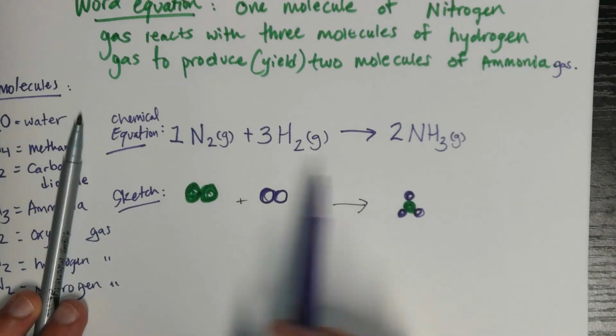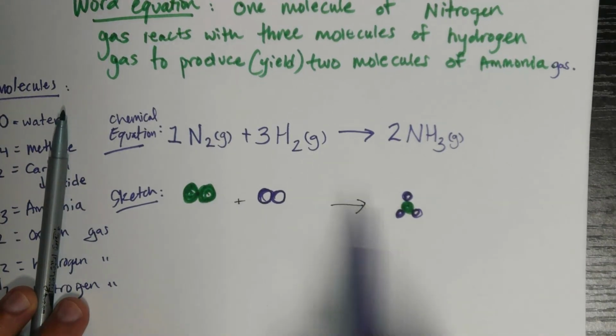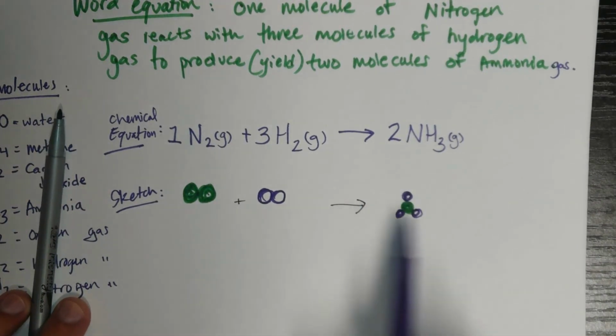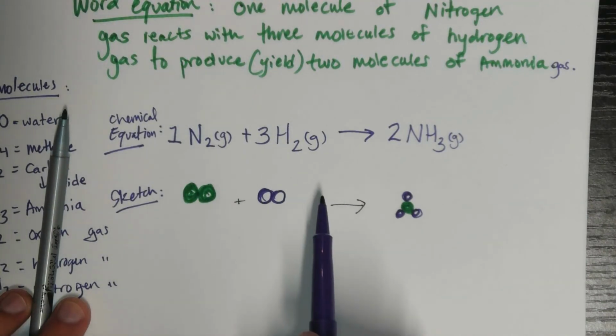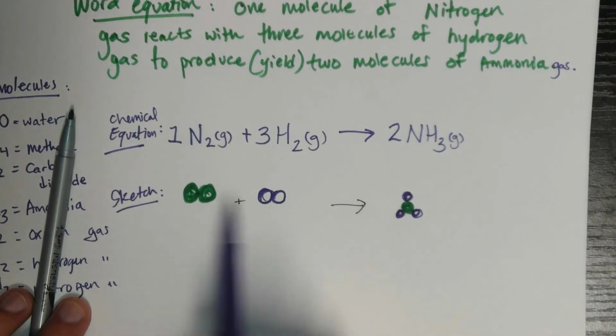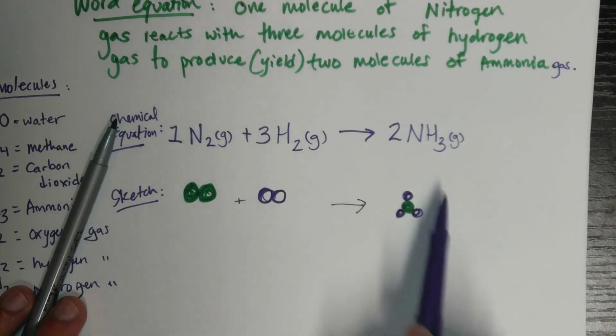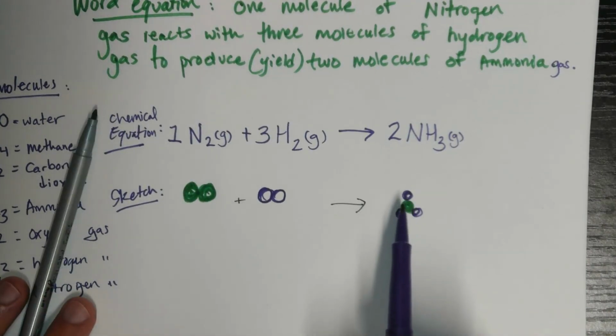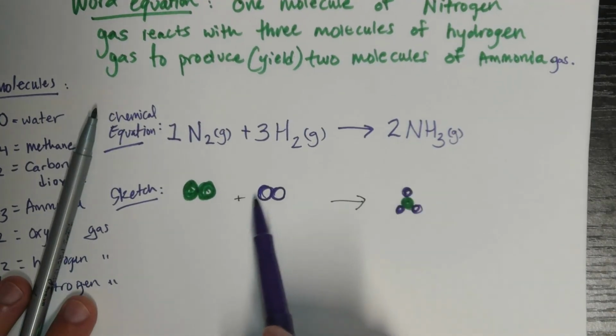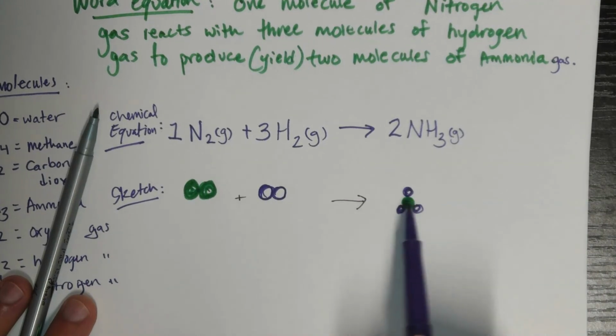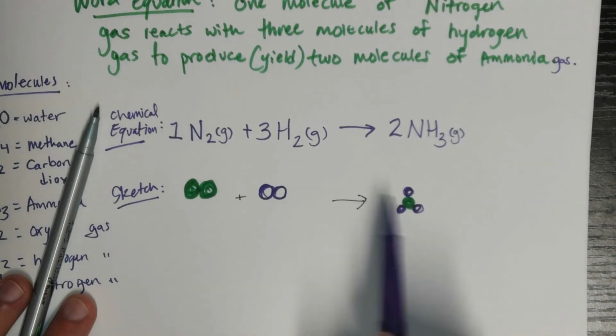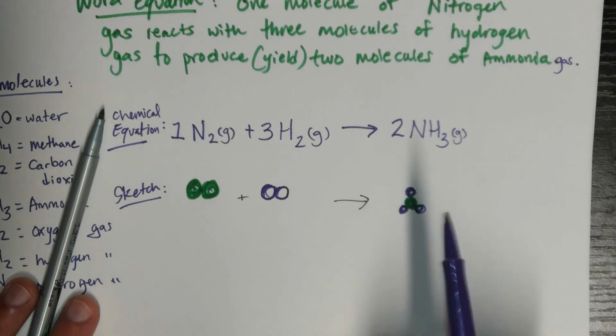Now, because I've drawn out the reaction, I haven't quite balanced it with the number of things that are there yet. In fact, I could even count and I'd find out there are not enough atoms on the left side to match the atoms on the right side. There are 3 purples on this side and 2 purples on the other, and there's 1 green on this side and 2 greens on the other. So obviously that's not balanced. How do I make that balanced?